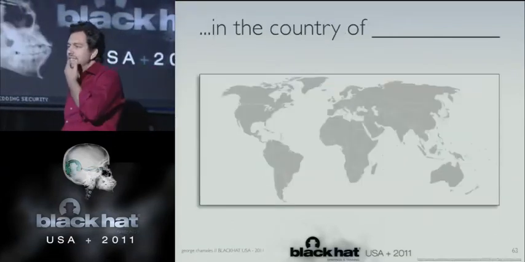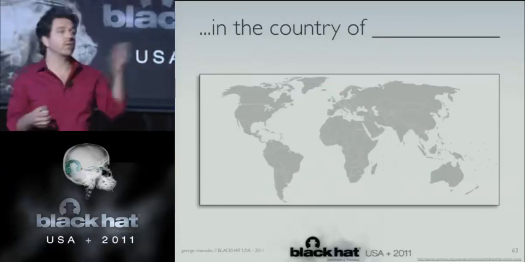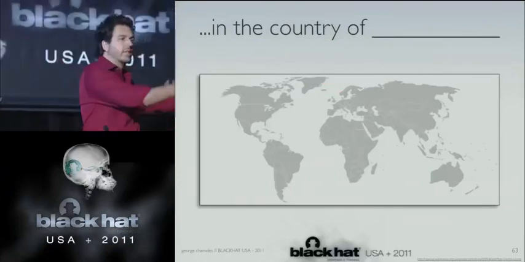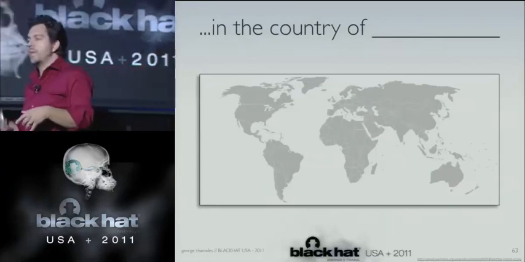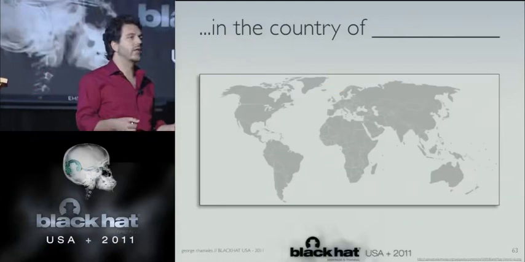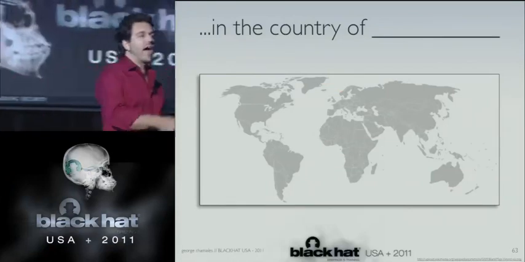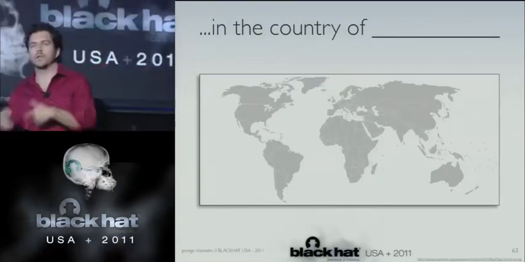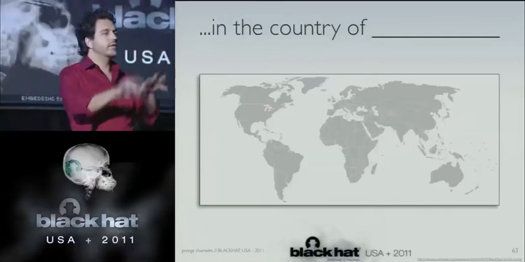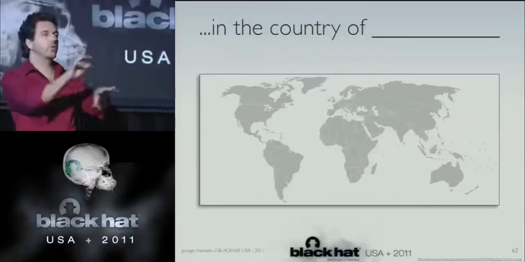The next thing is in the country of blank, and the original idea was that we'd pick a country and set that up in our crisis map. But when I started thinking about all the places that have revolutions, I realized that those places all have active deployments of crisis mapping technology happening in them. That got a little confusing in terms of where people should be attacking and who we are pretending to be.